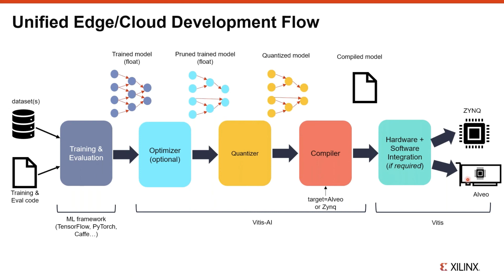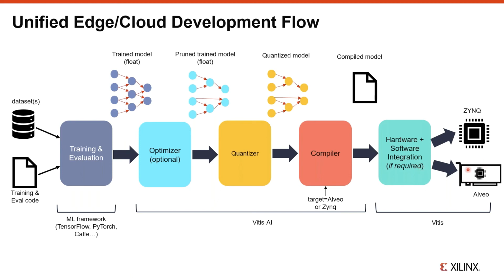In the case of Alveo, if you are implementing our DPU, we provide the DPU as what is known as an overlay. Basically, let's call it a fixed function that you download onto the Alveo card. So there is no hardware design required, and so there is no hardware and software integration phase.